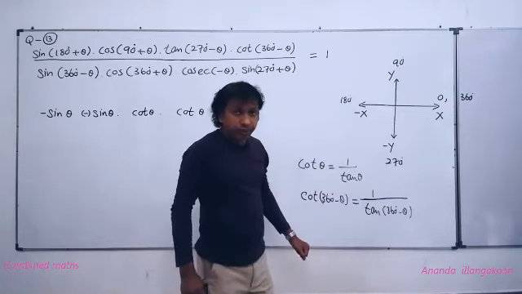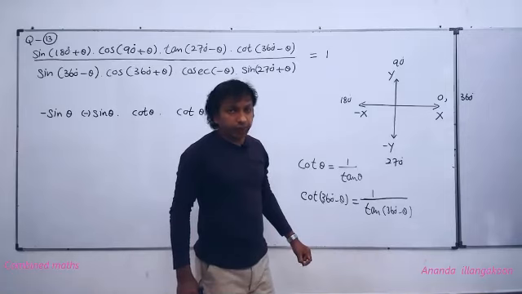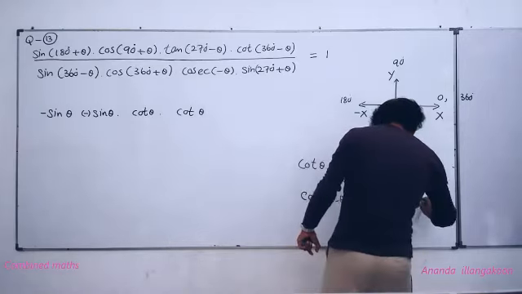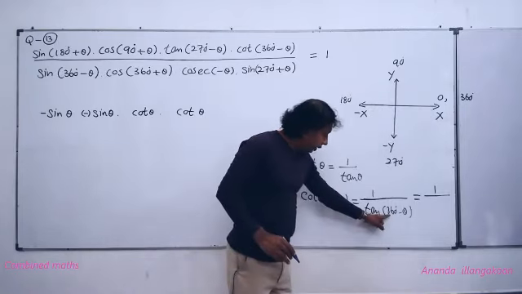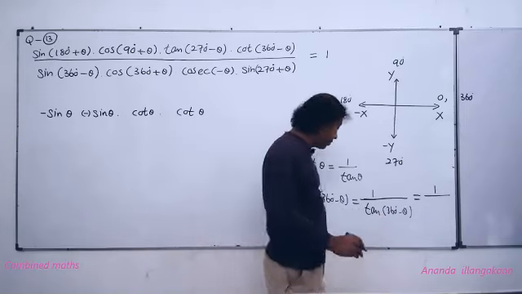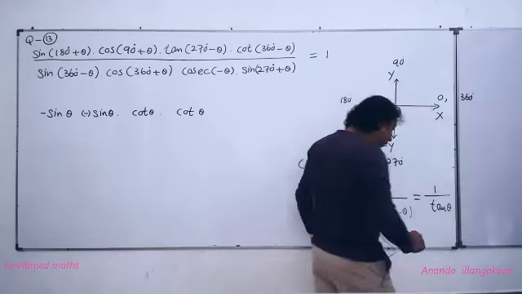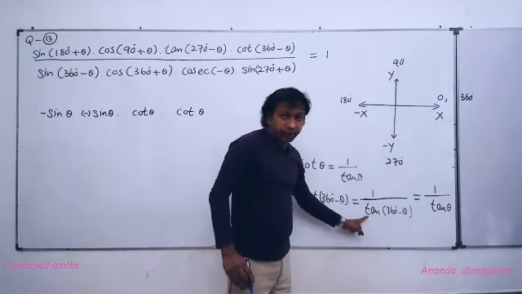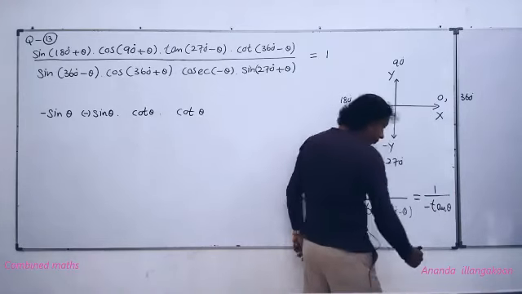In the fourth quadrant, tan is negative. In the fourth quadrant, only cos is positive, tan negative. So here we can write 1 upon tan theta, since the first angle is on the x-axis and therefore the ratio doesn't change. But the angle is in the fourth quadrant, tan is negative, therefore we have to put minus.